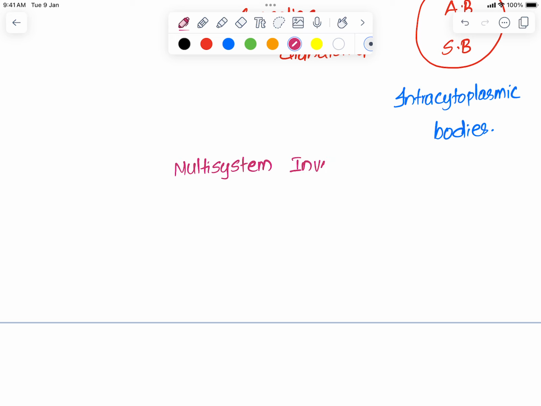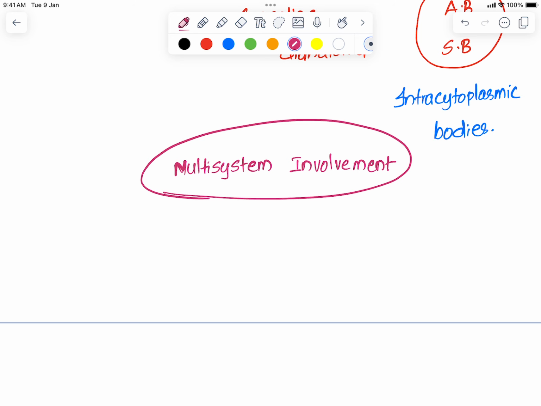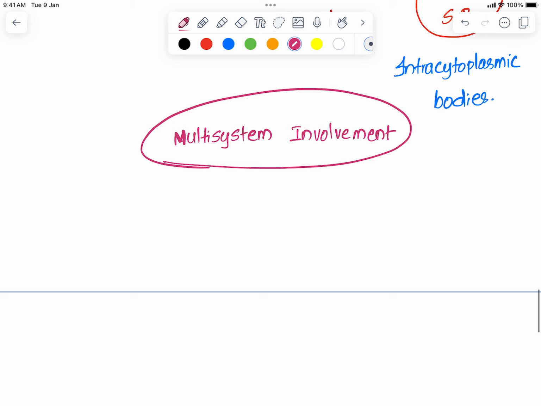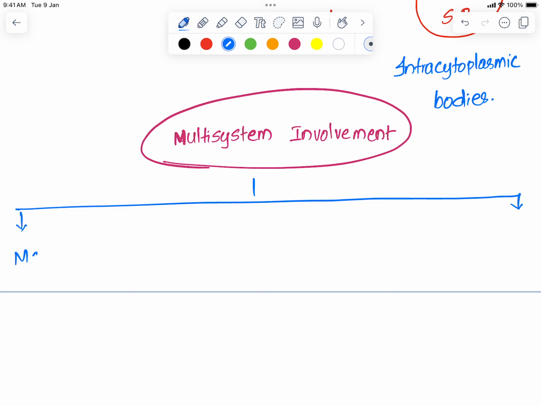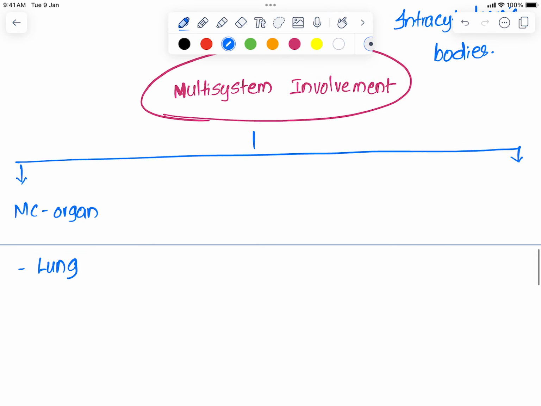Now, if you see the multi-system involvement, the most common organ that will be affected is the lung. This lung involvement will most commonly be in the form of interstitial lung disease.